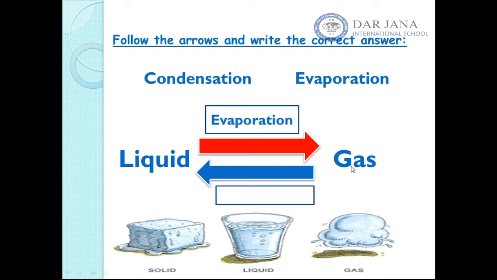Whereas this gas, when I start to cool it down, will again be in a liquid state, and we call it condensation. So please, we need to know the difference between these two words, evaporation and condensation. The change from liquid to gas we call evaporation, and the change from gas to liquid we call condensation.